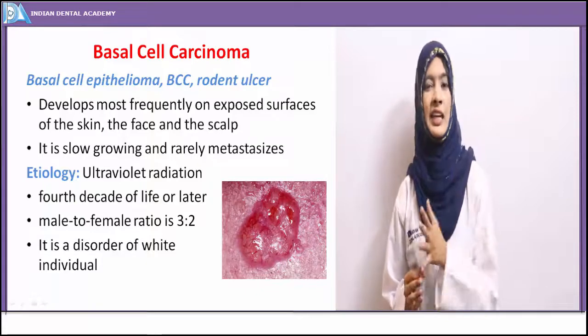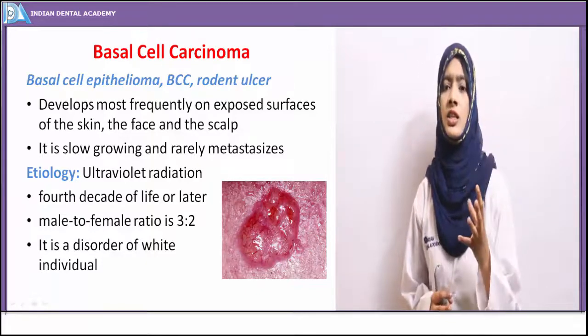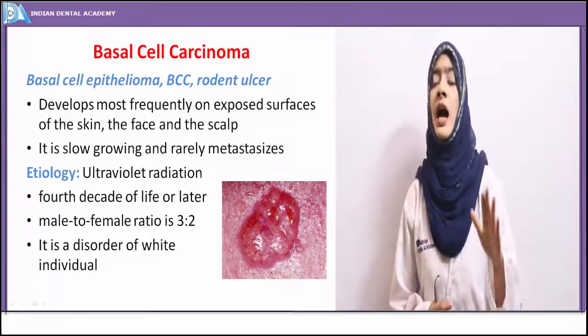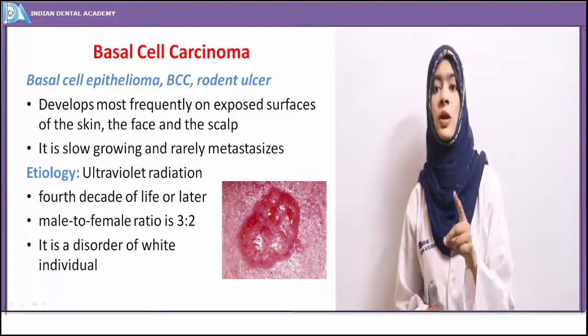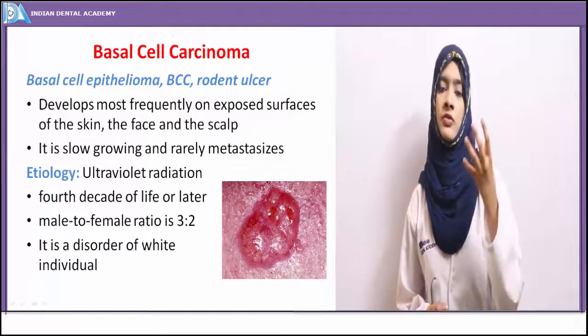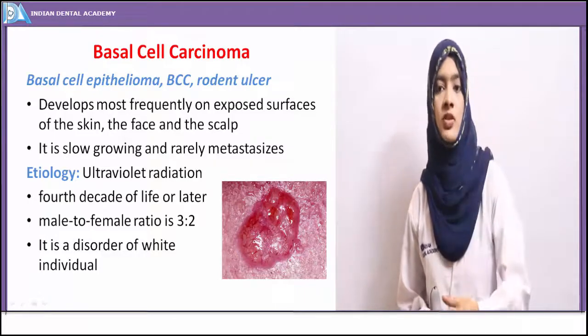About 90% and more of the cases are seen only in the cutaneous form, that is in the skin. The oral cavity is not involved, and it is involved only when the tumor invades the underlying oral squamous epithelium.